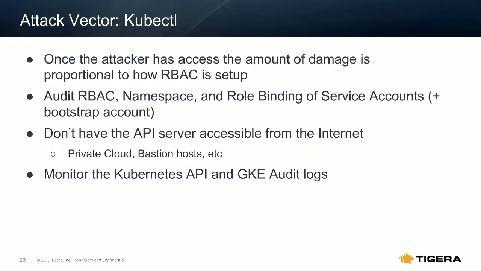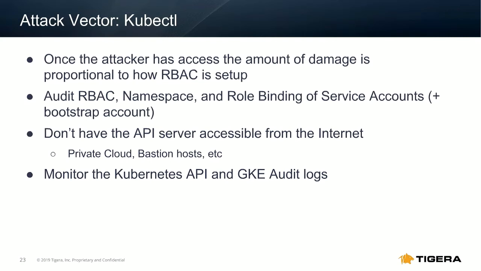For the kubectl part of the attack, where I pull out the different data and then try to access the Kubernetes API server, it really depends on what kind of credentials the attacker was able to get, right? If they were able to grab the admin credentials, for example, then they have full control using kubectl, and you can't really do anything about it.